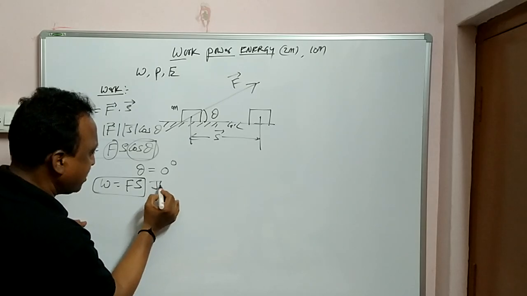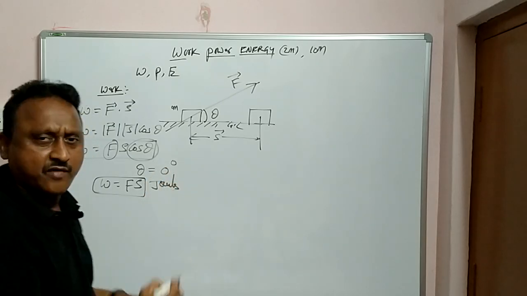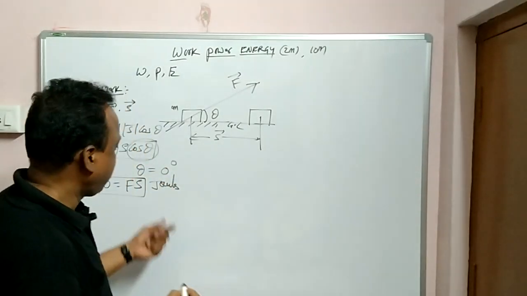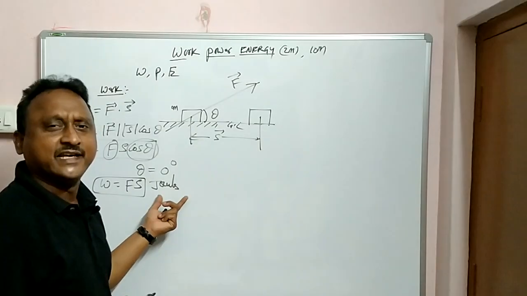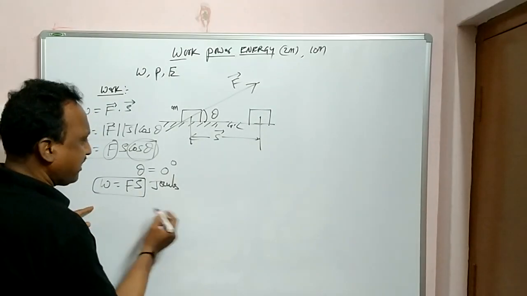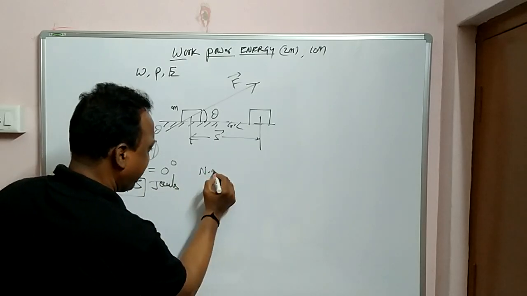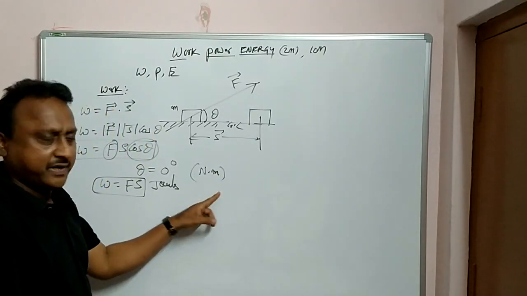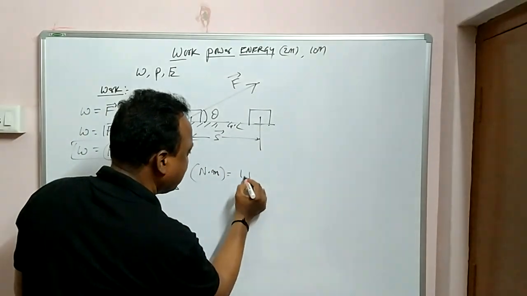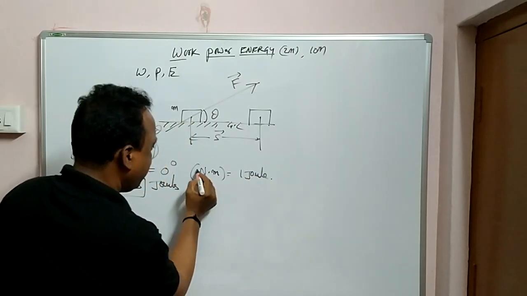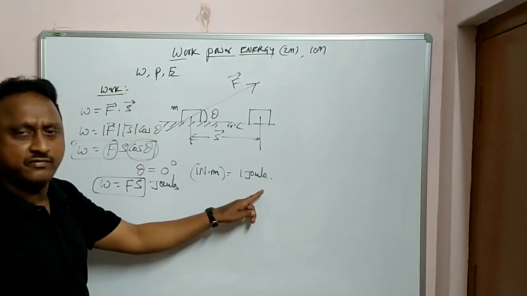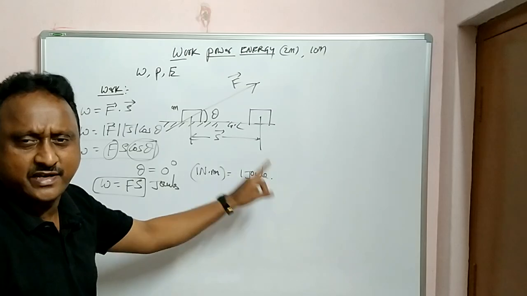And the unit is joule, which is named after the scientist Prescott Joule. Joule is the SI unit, because we already know force is in newtons and displacement in meters. So Newton meter is equal to 1 joule. 1 Newton into 1 meter is equal to 1 joule. This you can call the MKS or SI unit.